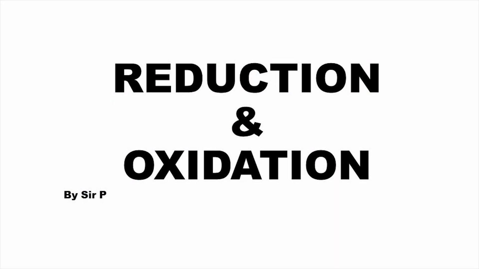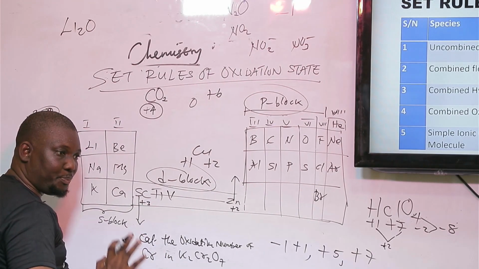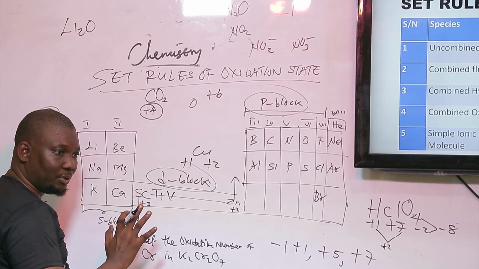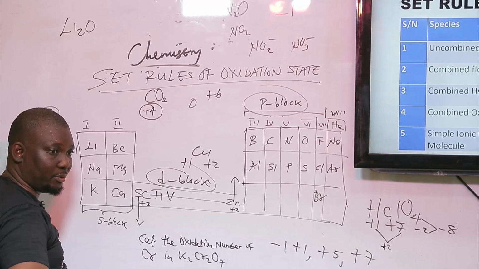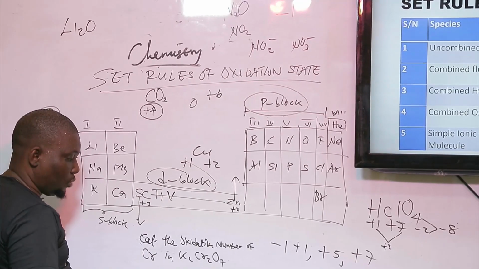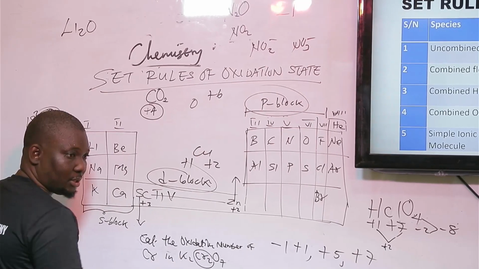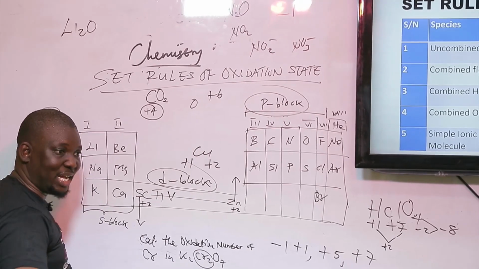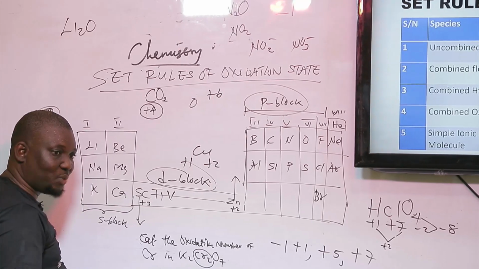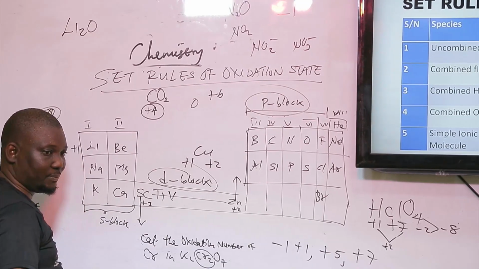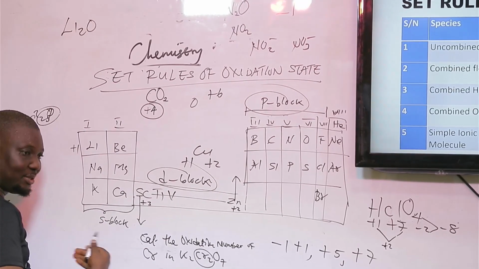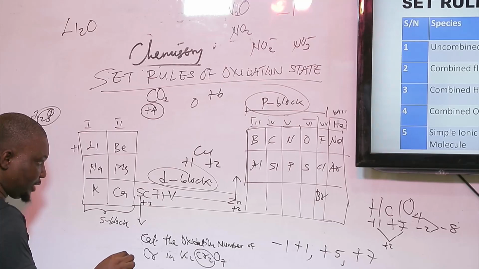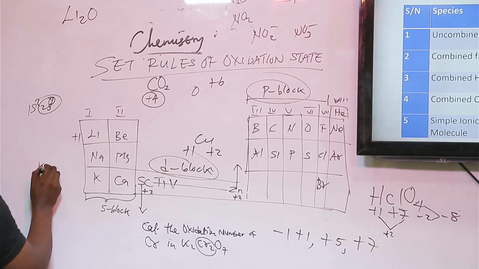Assign oxidation states to the elements that appear in the table given, apart from the two exceptions. I don't think there is chromium in the table. The chromium is one of those I told you varies, so that one is what you're going to find out in the question. Since potassium is in group 1, its oxidation state cannot vary. So potassium is still plus 1.